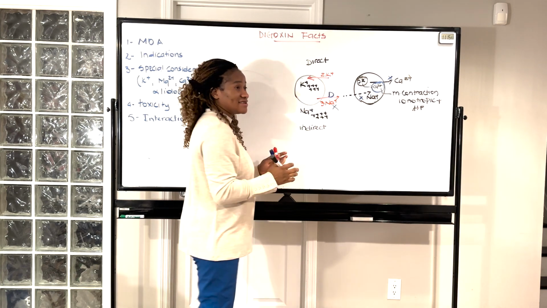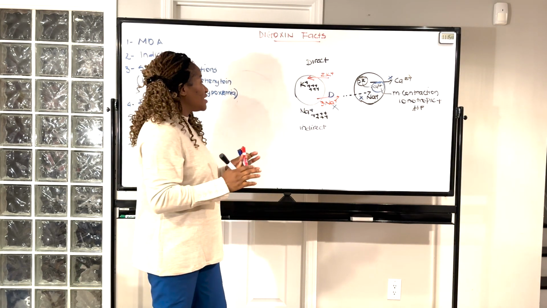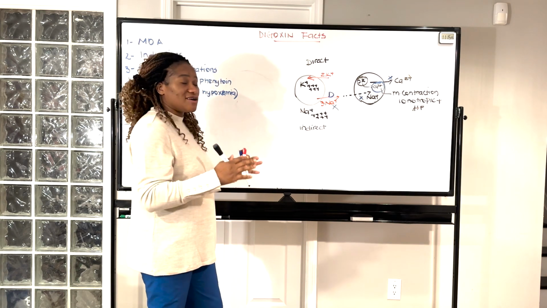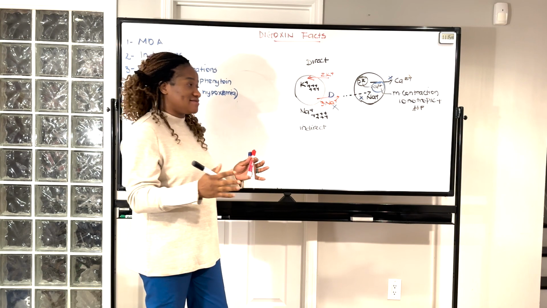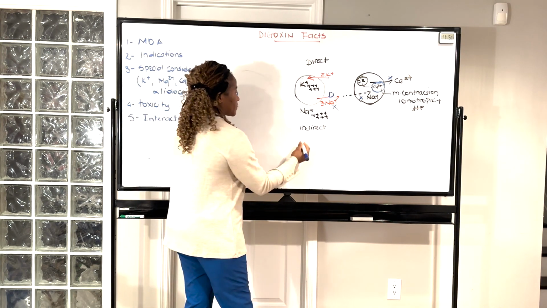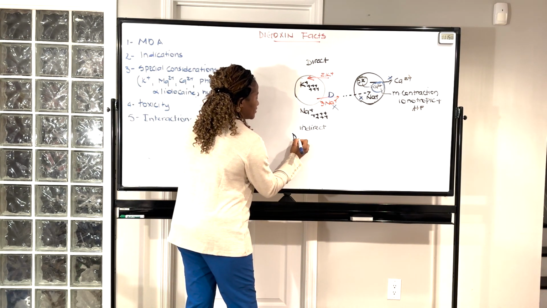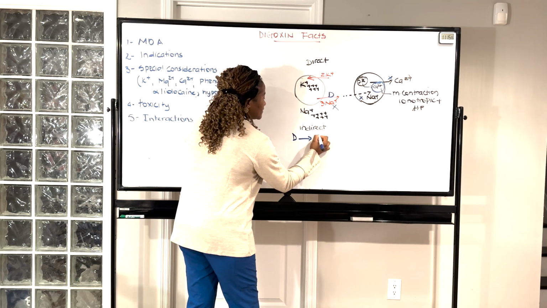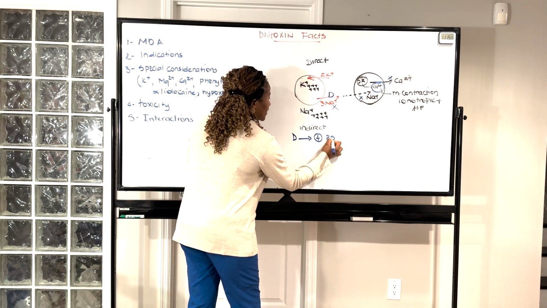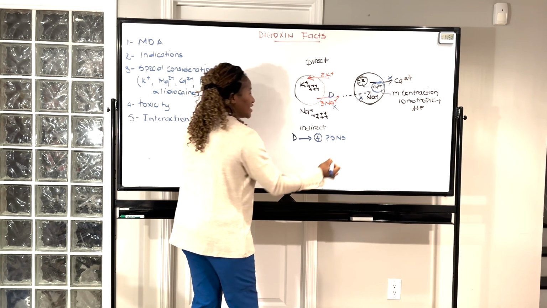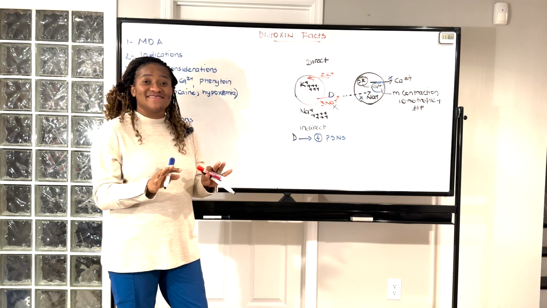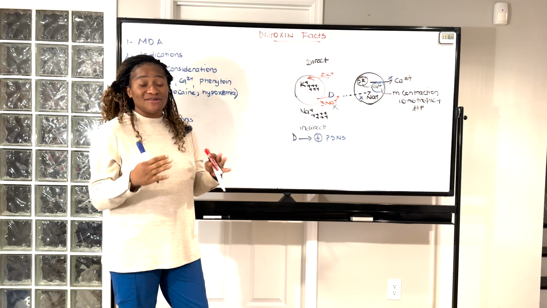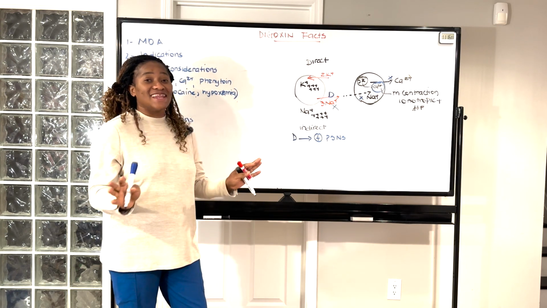So digoxin indirectly is going to activate the parasympathetic nervous system. And remember, our parasympathetic nervous system is the easy system that helps us relax, keeps us alive.